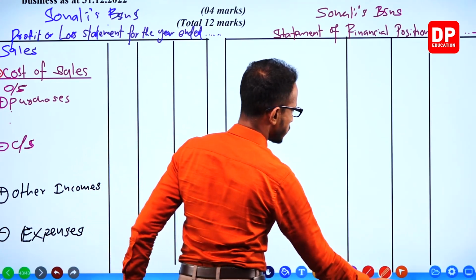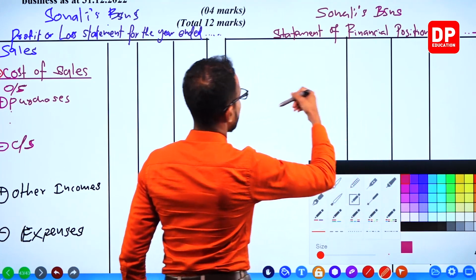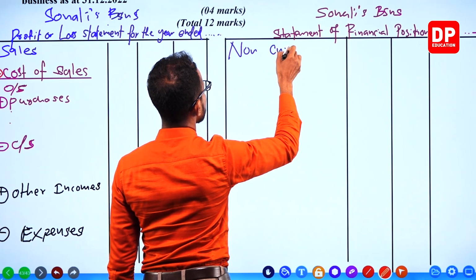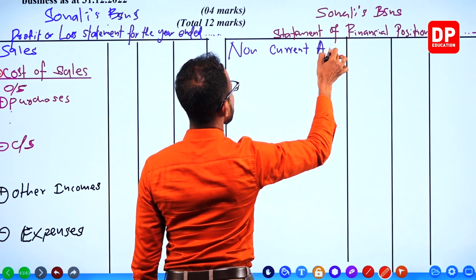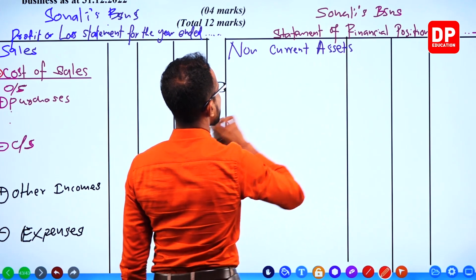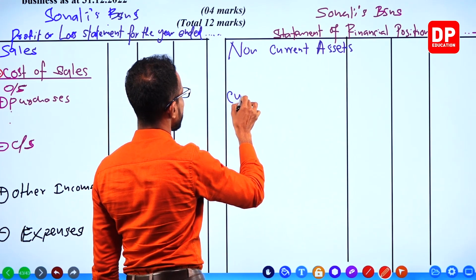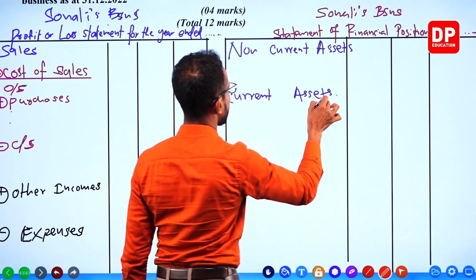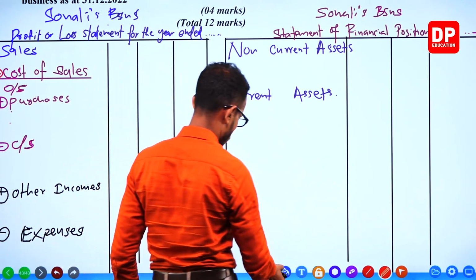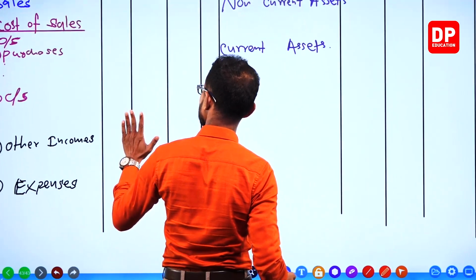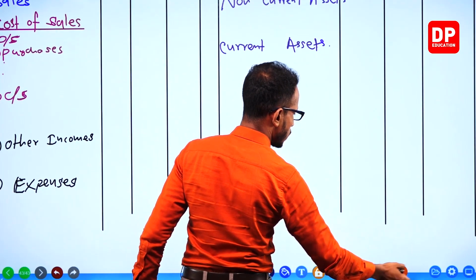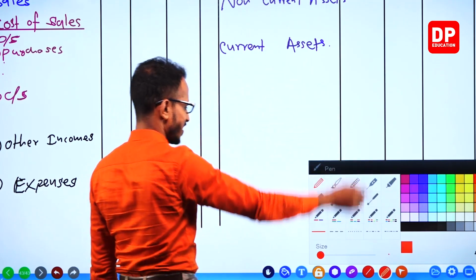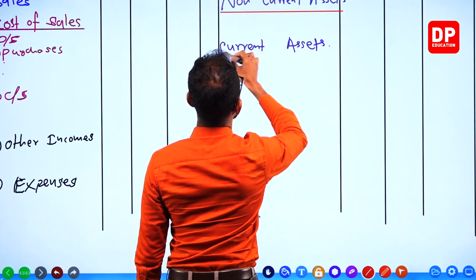Next we have the SOFP. What items come on top? Which headers? Non-current assets, keep 2-3 lines. Then current assets, then keep 2-3 lines. Every time you keep 2-3 lines under each header in the SOFP.